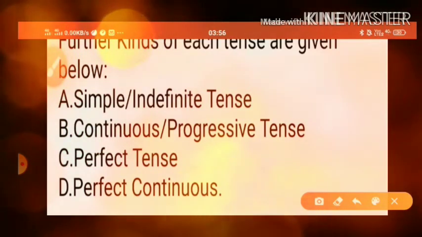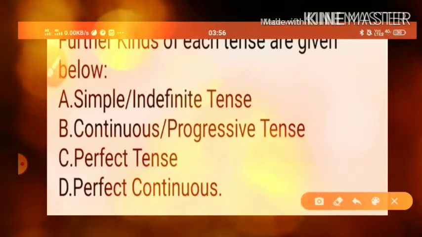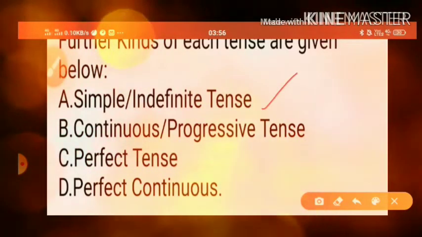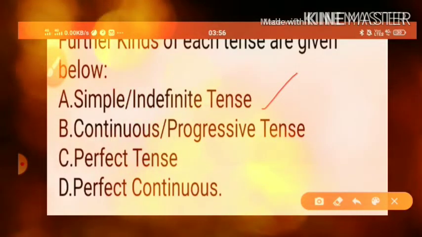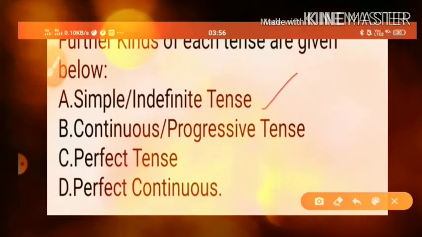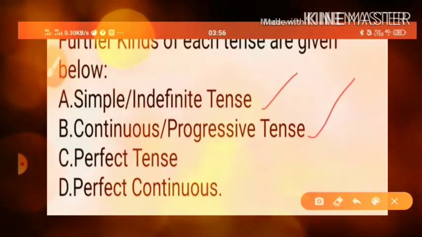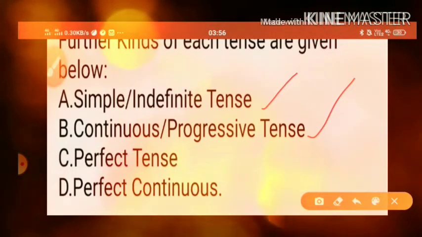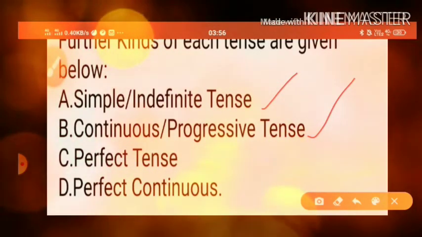These include all tenses, present, past or future. If we talk about simple or indefinite, we can say simple present tense, simple past tense, simple future tense. In the same manner for continuous, you can say present continuous, past continuous or future continuous.